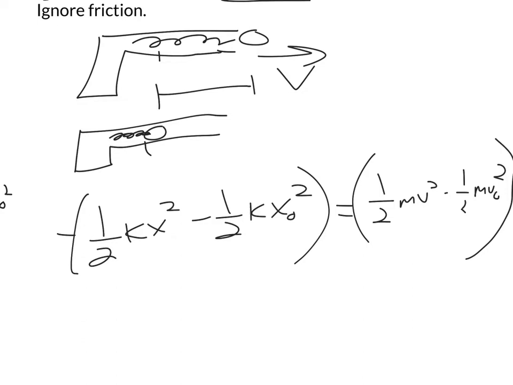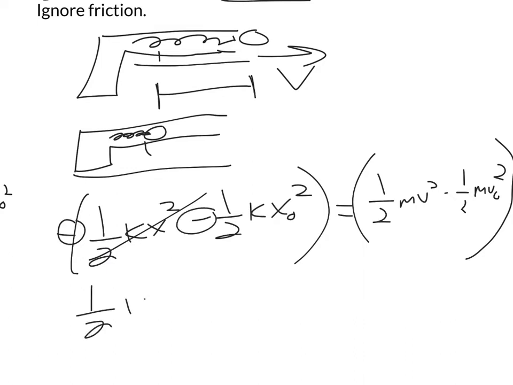If this is the starting condition, we're starting with a big compression of the spring initially, and when we end up here, we don't have any compression of the spring. It's back to equilibrium, assuming that the spring here is unstretched. So I'm going to say that this x is 0, the final stretch of the spring, and the negative will multiply through, and I will get a 1/2 kx naught squared on this side.